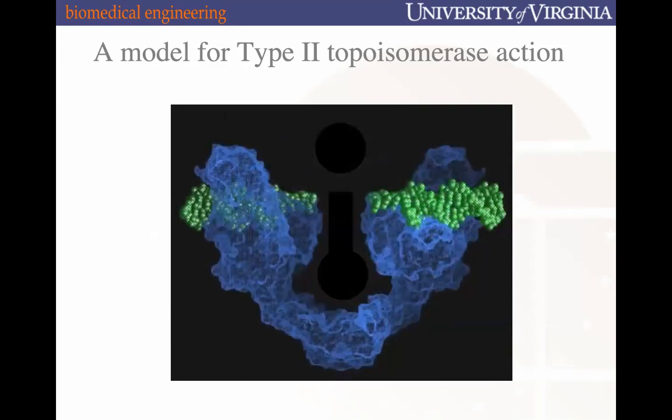And so it requires energy because you're moving the other DNA strand through into this DNA binding pocket down below. So it's an active process that requires energy, whereas with type 1 topoisomerase, there's less demand for energy. If that makes sense.